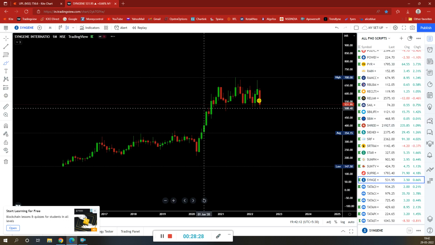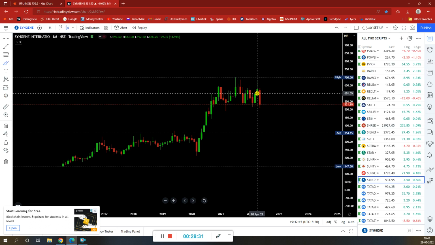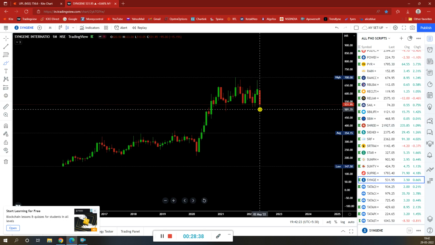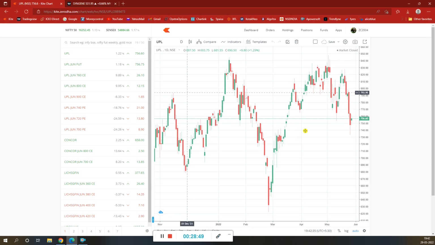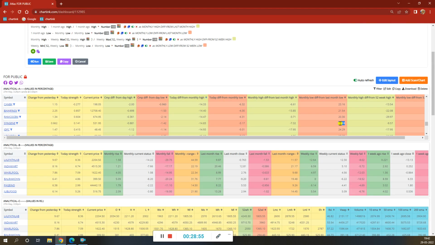Look at this. This was the low for this particular stock last month, in the month of April. The low was 592.60, and what is the low for this month? It is 510. Minus this number of 510 out of 592, you will come across somewhere around 16%.